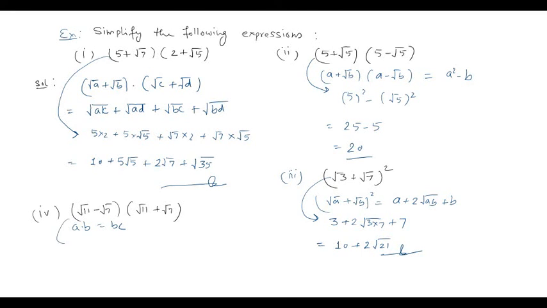So we can also write it as square root of 11 plus square root of 7 times square root of 11 minus square root of 7. Now again applying the identity square root of a plus square root of b times square root of a minus square root of b becomes a minus b, where a equals 11 and b equals 7, so it becomes 11 minus 7, which is equal to 4.